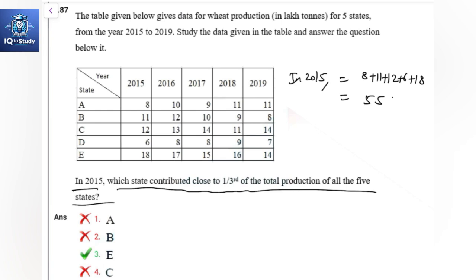Total production is 55 and 1/3 of 55 is 18.33. Here, state E is close to 18.33. So, state E contributed this.